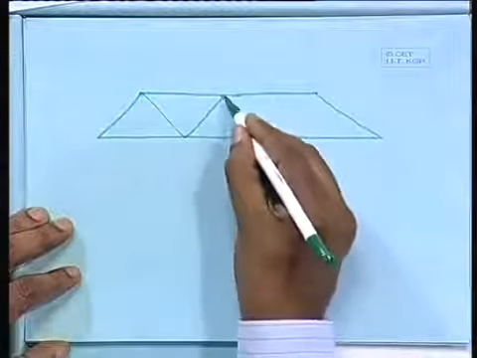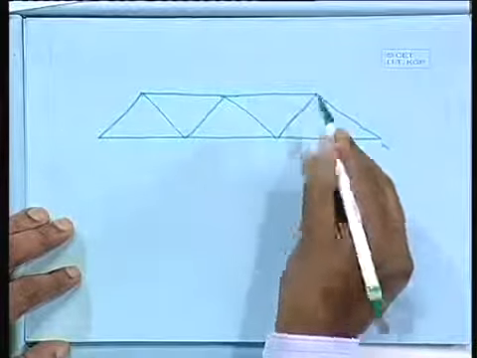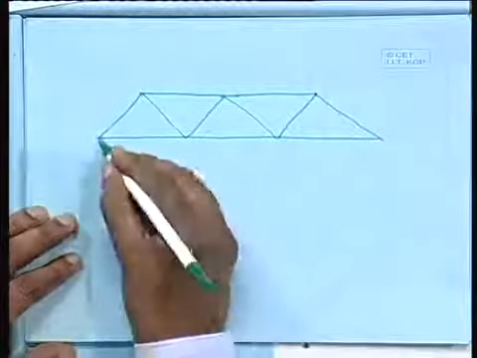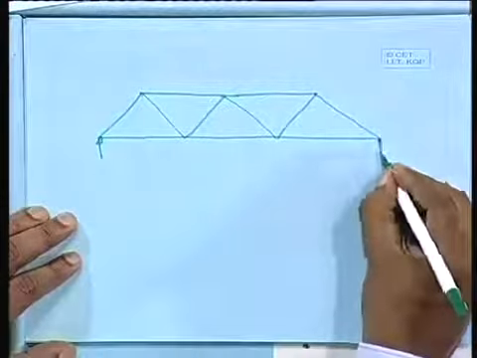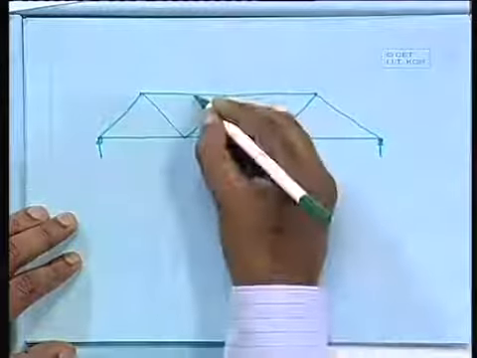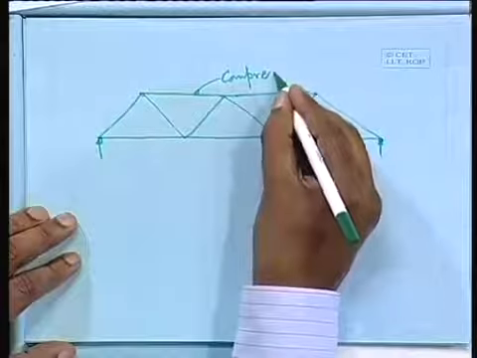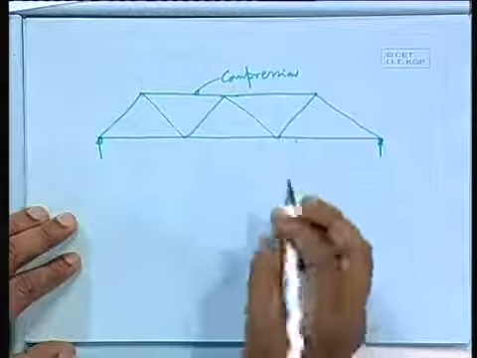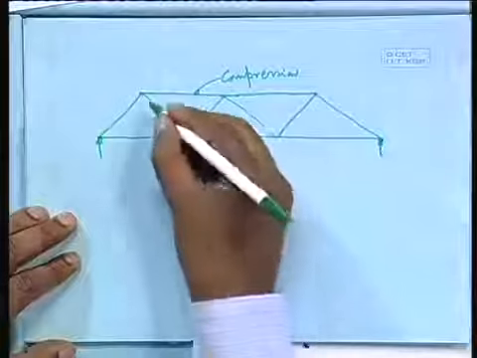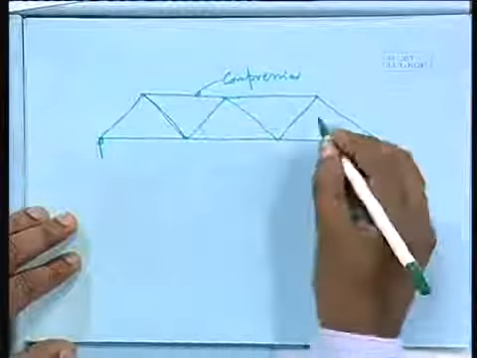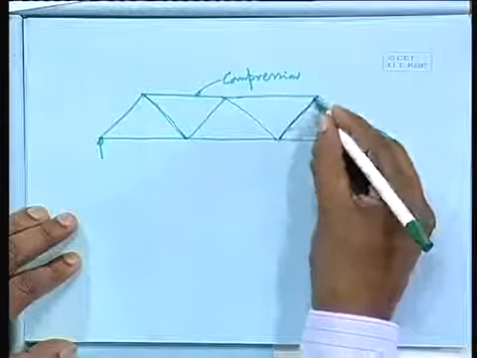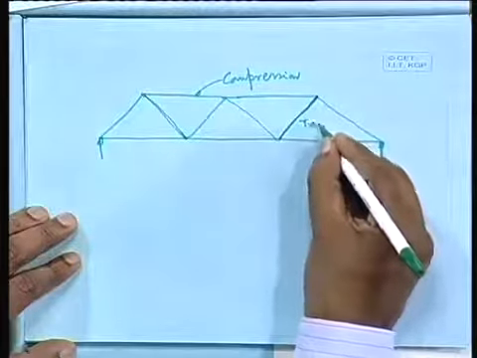So, we can draw out of that, again these members will be compression, and this member and this member will be in tension.